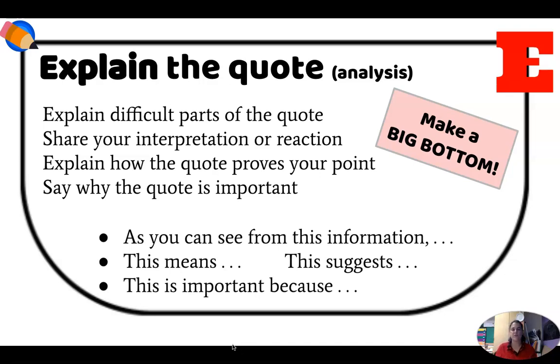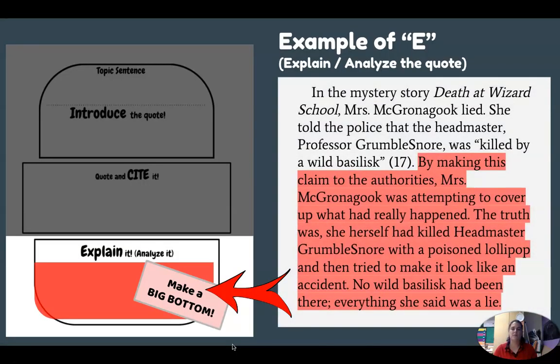Some ways to help transition from quotes to this can be, as you can see from this information, this means, this suggests, this is important because. These are just some words to help you transition into it to make that evidence to explanation or reasoning a little bit smoother. So let's take a look at our example of Death at Wizard School.